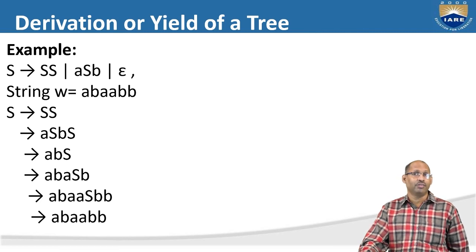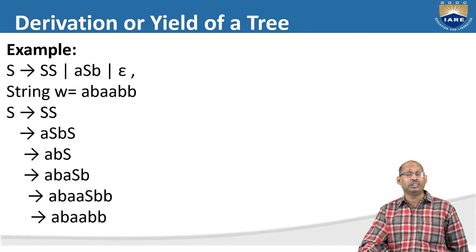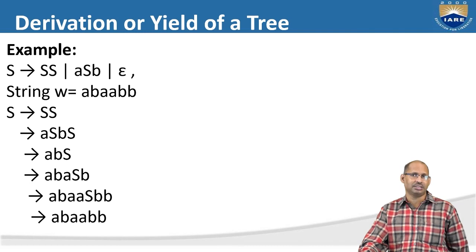Now, first we select production number 1. So, in production number 1, S gives SS. Then, the first S is replaced with the second production ASB, right? Then we use the third production, S gives null, resulting in ABS.